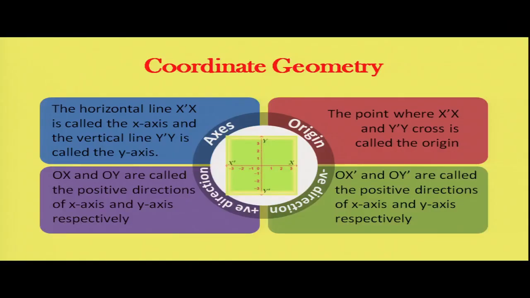The horizontal line X dash X is called the x-axis, and the vertical line Y dash Y is called the y-axis.